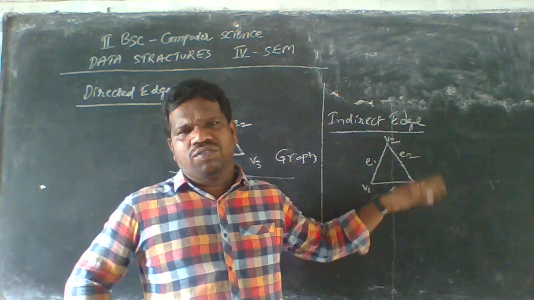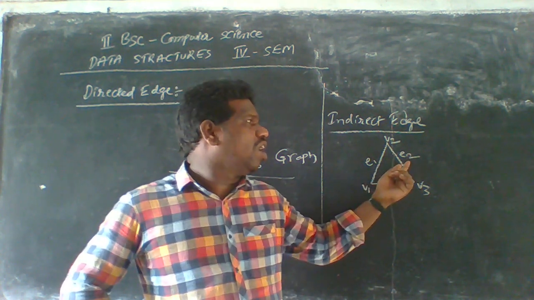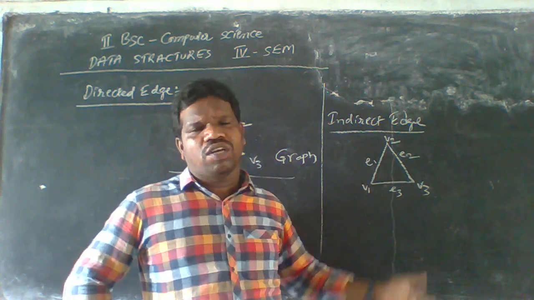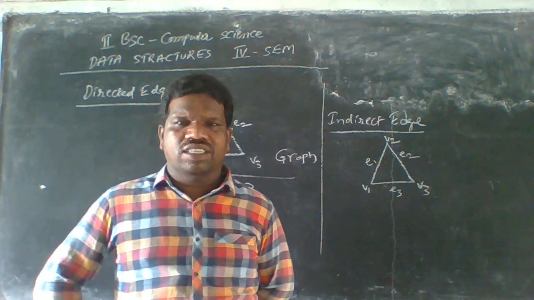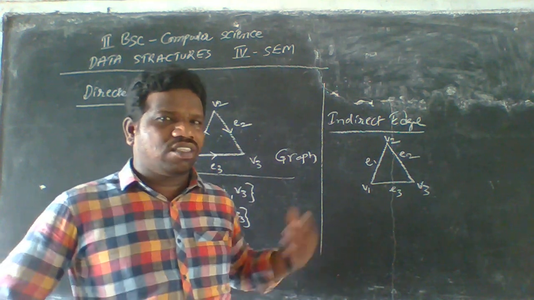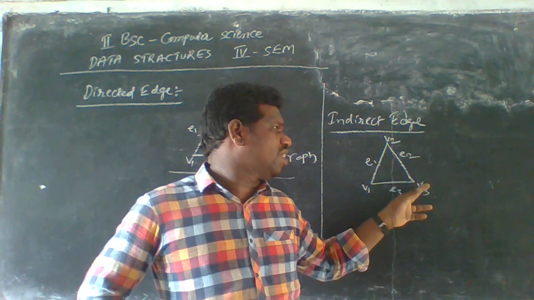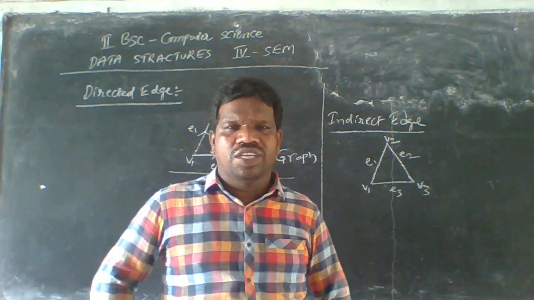In this scenario also there is no direction between V2 and V3. Hence we can go bidirectionally, either in the forward direction or in the backward direction. So we can visit V2 to V3 or V3 to V2, at the convenience of the user.